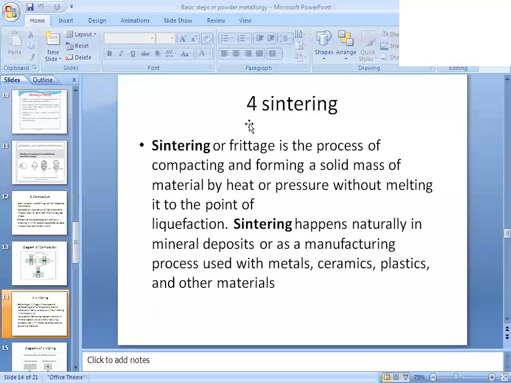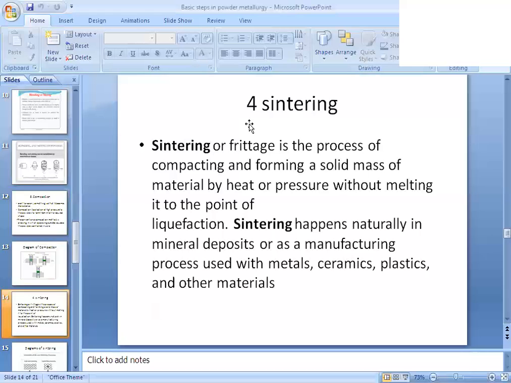It's the last step of powder metallurgy. The first step is powder forming, second is mixing, third is compaction, and fourth is sintering. Sintering means that after compaction we apply heat or pressure without melting it to the point of liquefaction. It is done before the melting point, and the powder is converted into solid.